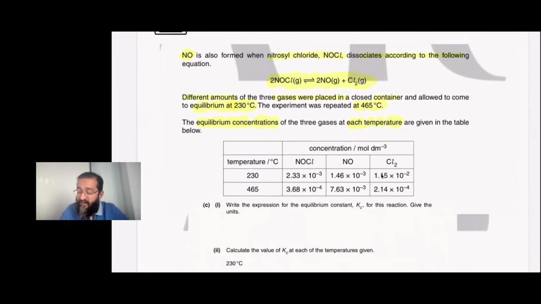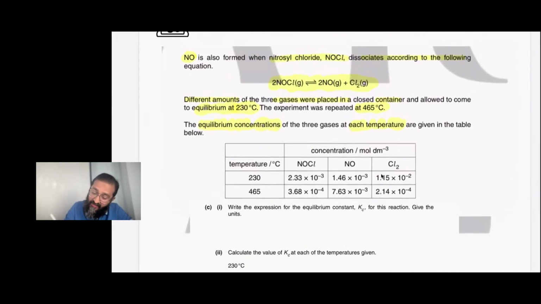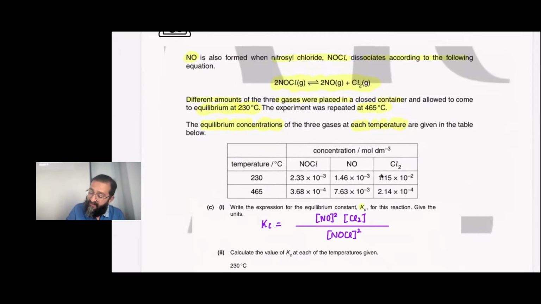In the first part, they are asking you to write the Kc expression. So Kc is equal to the concentration of NO squared times the concentration of chlorine, divided by the concentration of NOCl, nitrosyl chloride, raised to the power 2. And give the units. They have asked two things, Kc and the unit.